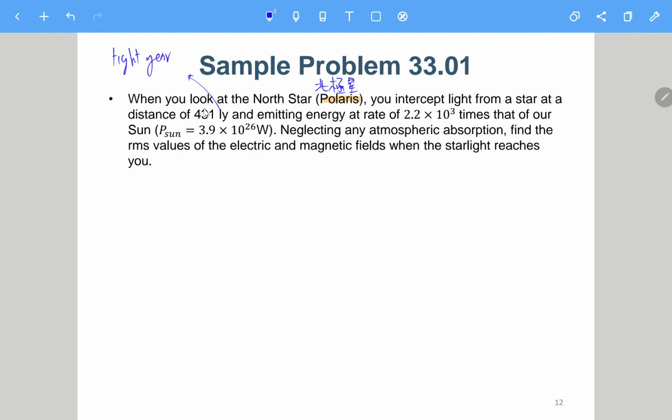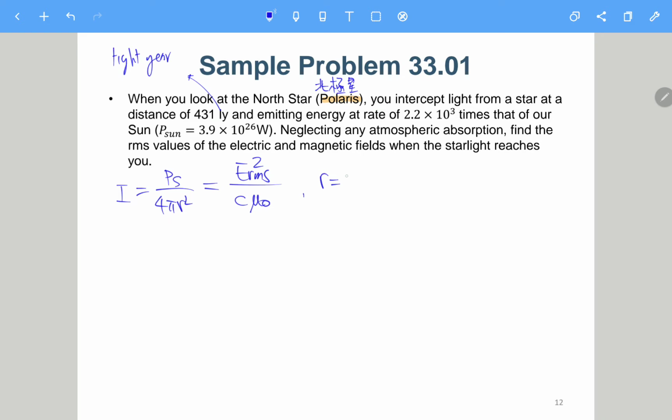So here, let's see. In the previous page, we have I equals PS over 4 pi r squared equals ERMS squared over C mu naught. We just have these two formulas from the previous slide. And here R is 431 light years, which is not an SI unit, so we need to convert it to SI units.